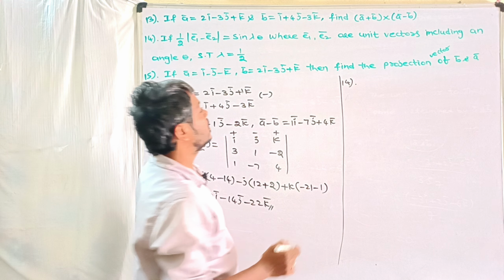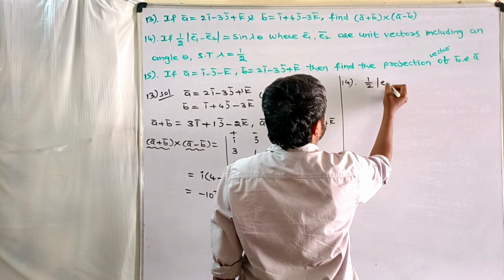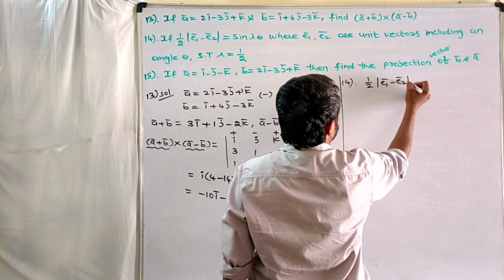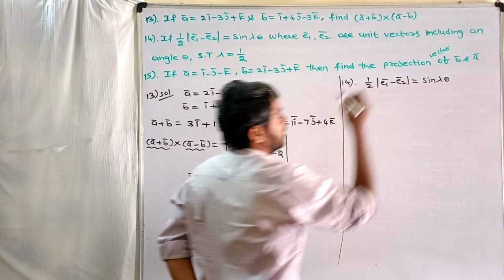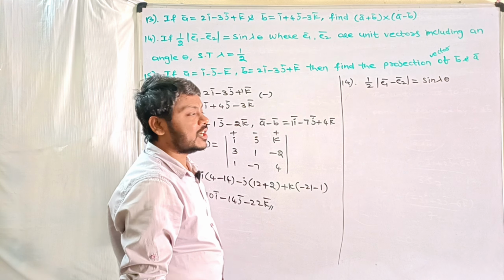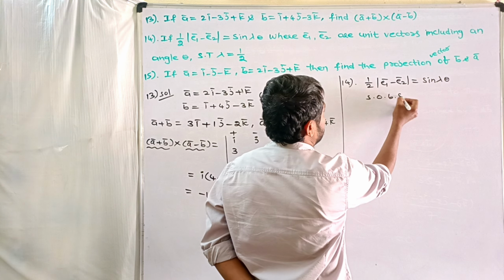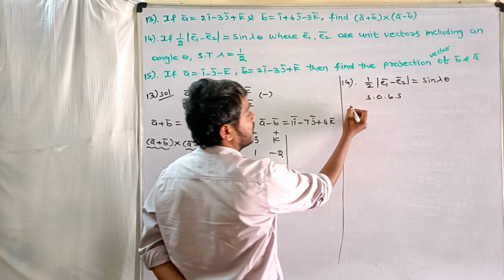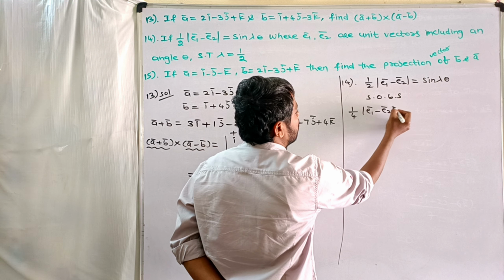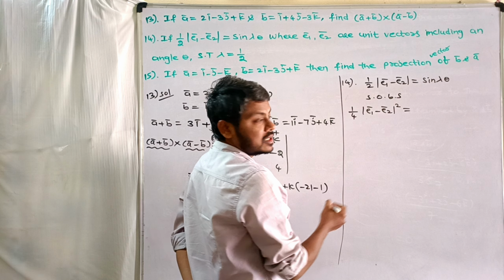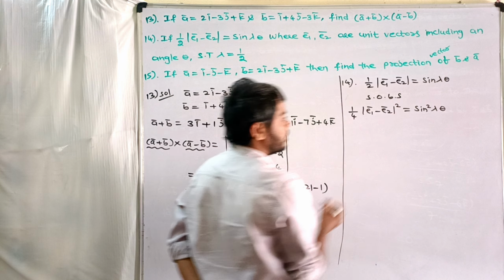1 by 2. See here, given condition: 1 by 2 into mod E1 bar minus E2 bar, which is equal to sine lambda theta. Okay. Now we can do squaring on both sides. So here what will we get? 1 by 2 square, 1 by 4 mod E1 bar minus E2 bar whole square, which is equal to sine square lambda theta.